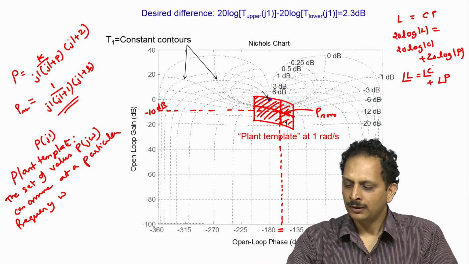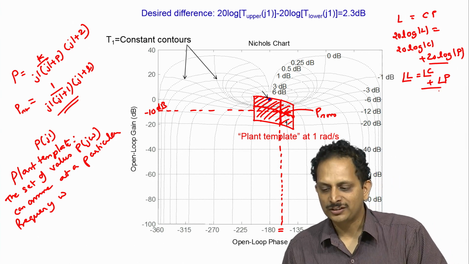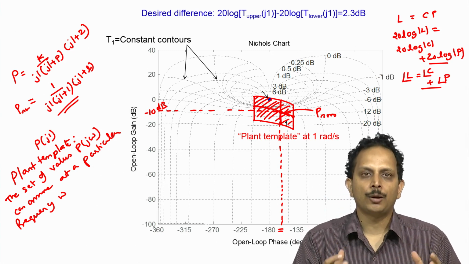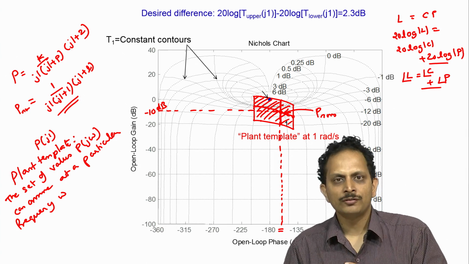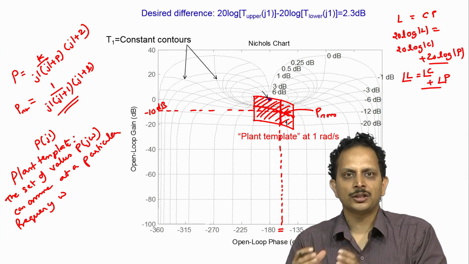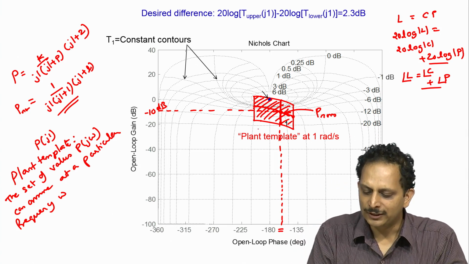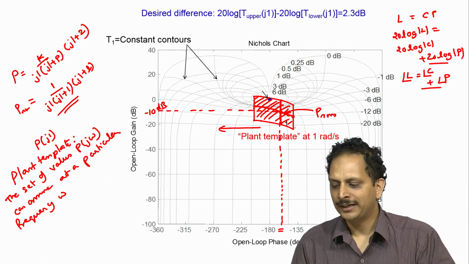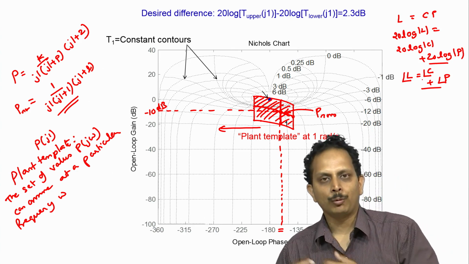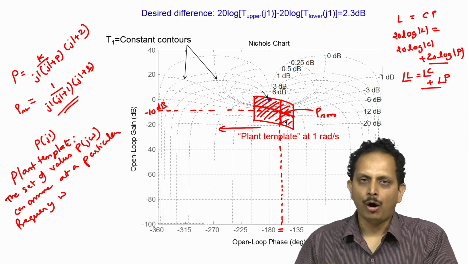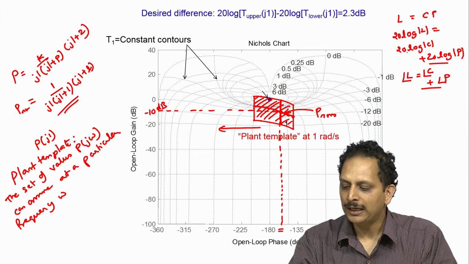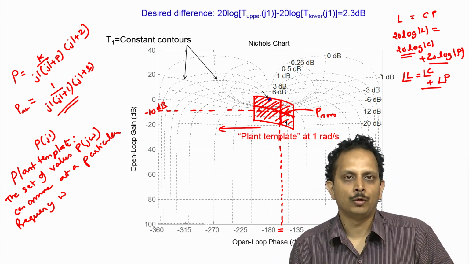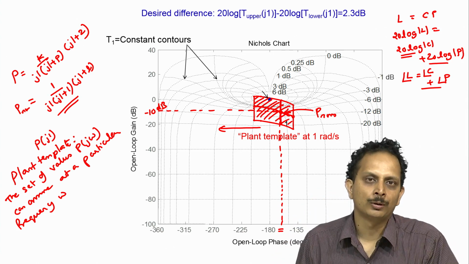So, from these equations what we can conclude is that the effect of undertaking control design, which essentially involves coming up with an appropriate loop gain, is the effect of multiplying the plant transfer function with the controller is to displace the plant template either to the left or to the right, depending on whether the controller provides a phase lag or a phase lead, or to move it up and down depending on whether the controller amplifies the gain of the overall open loop system or attenuates the gain of the overall open loop system.